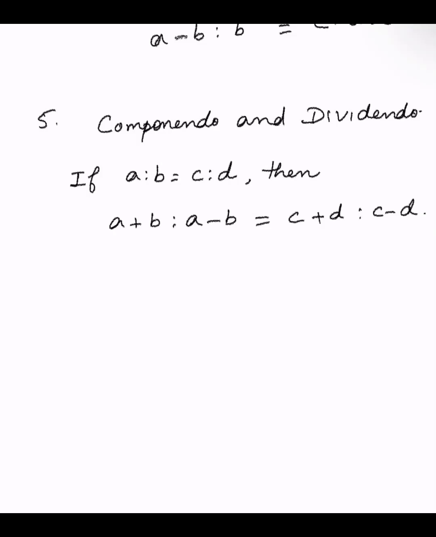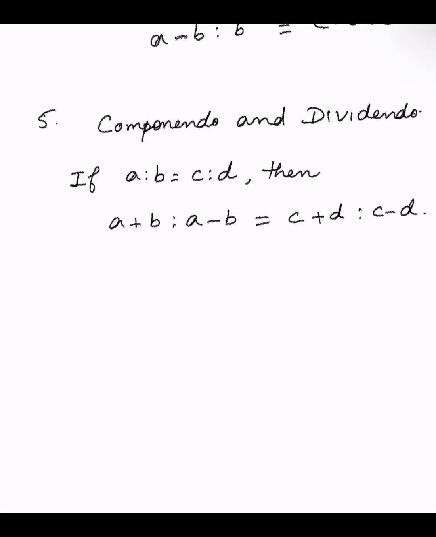You have a proportion A is to B equal to C is to D. Then you can rewrite that proportion as A plus B is to A minus B equal to C plus D is to C minus D. Now the proof is nothing but you just need to combine the proofs for componendo and dividendo and then just divide it. You have the answer.